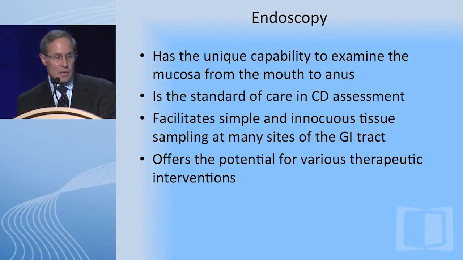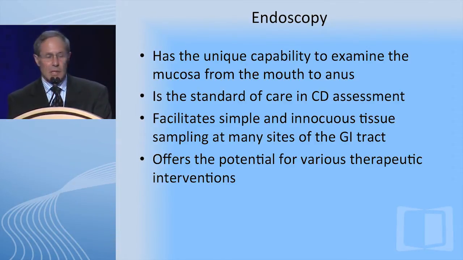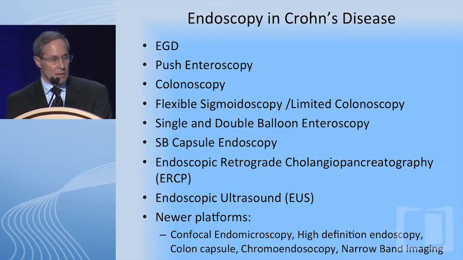Endoscopy has the unique capability to examine the mucosa from the mouth to the anus, and it is the standard of care in Crohn's disease assessment. Endoscopy facilitates simple and innocuous tissue sampling at many sites in the GI tract and offers the potential for various therapeutic interventions.